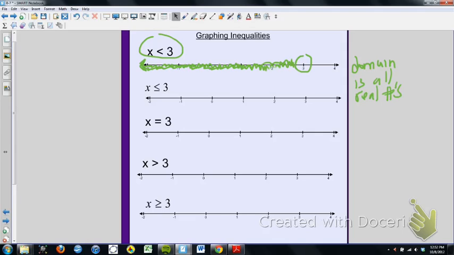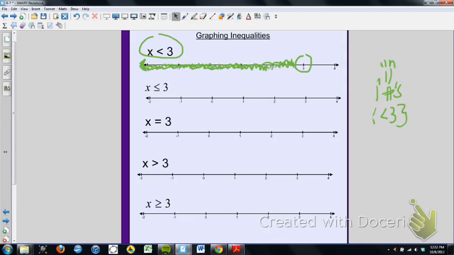If I'm allowed to consider putting into this inequality all real numbers, then my solution set, which are the elements in the domain that make the inequality true, would be all the numbers less than 3, and that's an infinite amount of numbers.